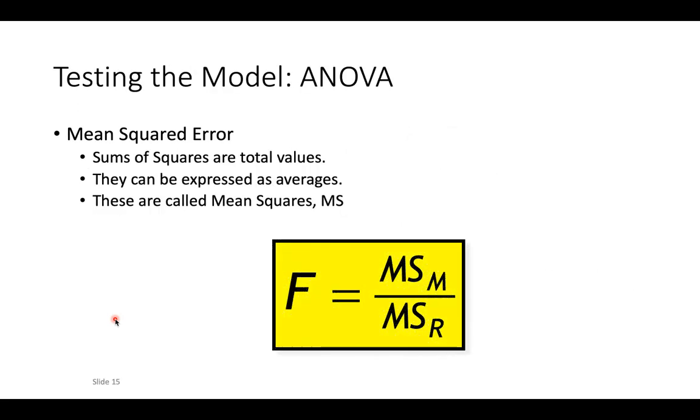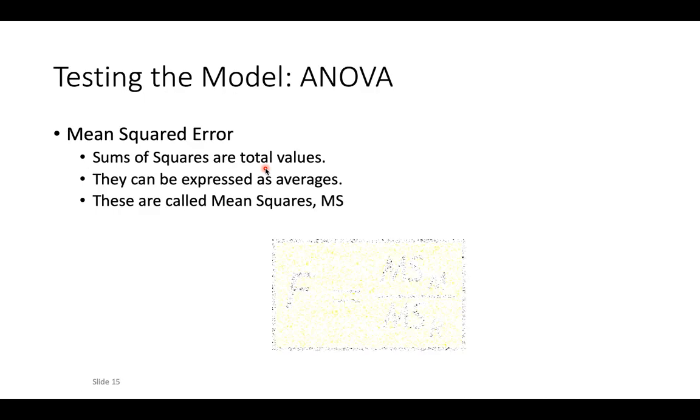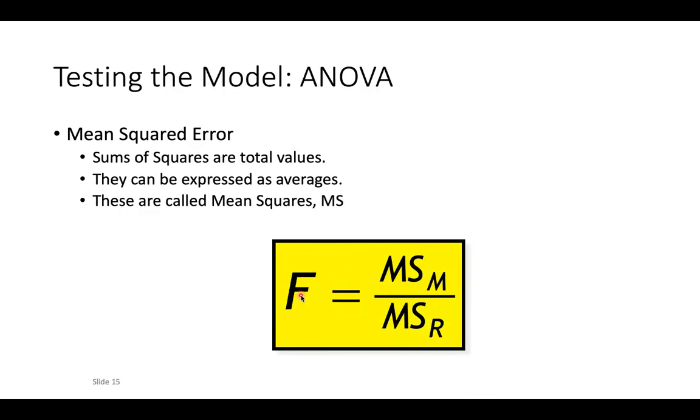You can take them and produce a mean squared by dividing by degrees of freedom. Again, you don't have to do that. Don't worry about those calculations. Just know that we're going to take these sums of squares and we're going to produce something called an F value. An F value is like a t or a chi-square.